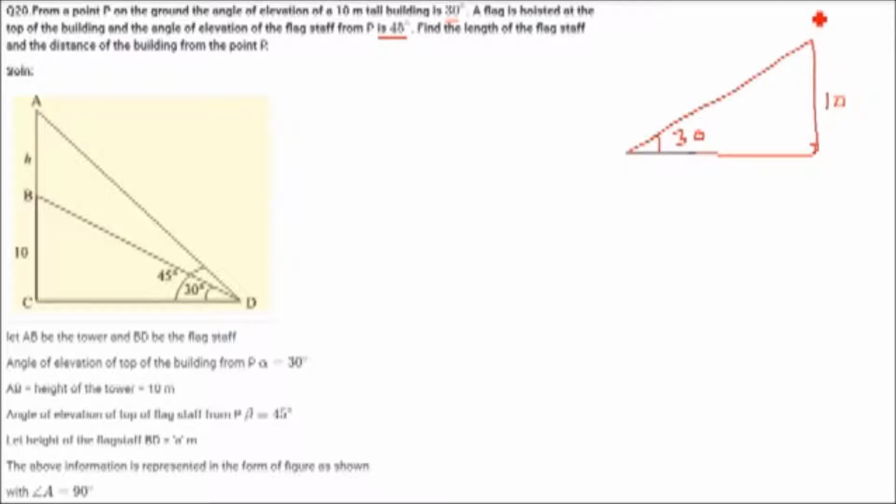And a flag is hoisted at the top of the building. So here is a flag, and the angle of elevation of the flag staff is 45 degrees. So this is 45 degrees from here to here.